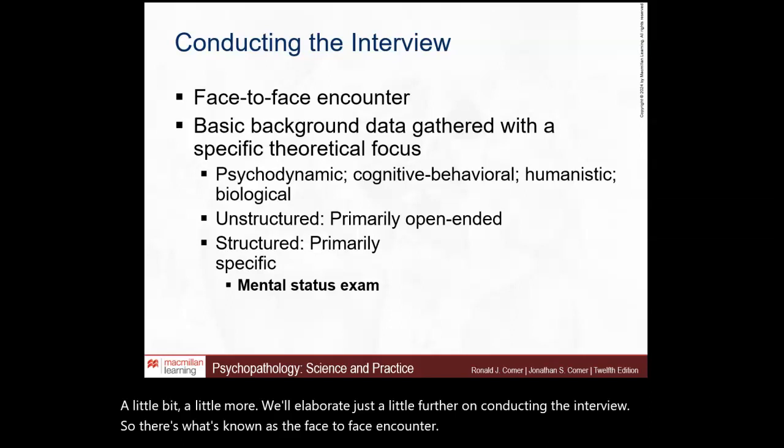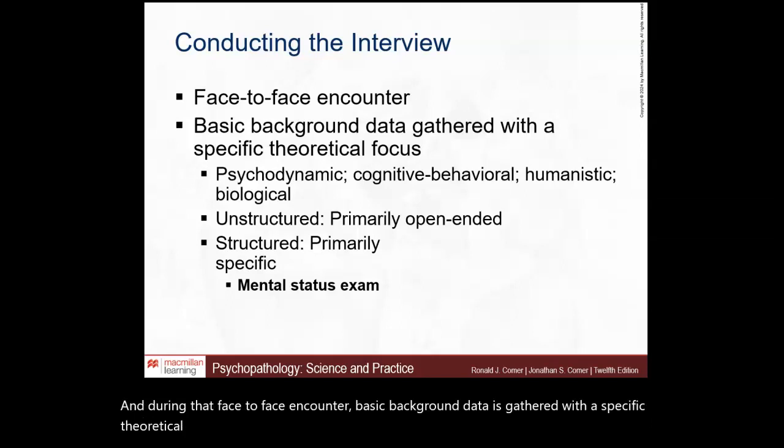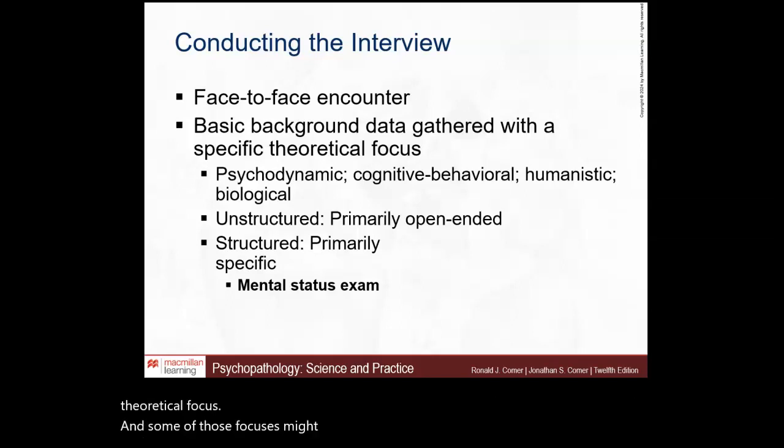And during that face-to-face encounter, basic background data is gathered with a specific theoretical focus. And some of those focuses might be psychodynamic, cognitive behavioral, humanistic, and biological.